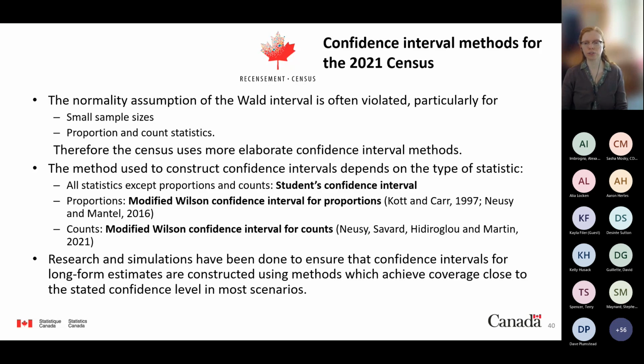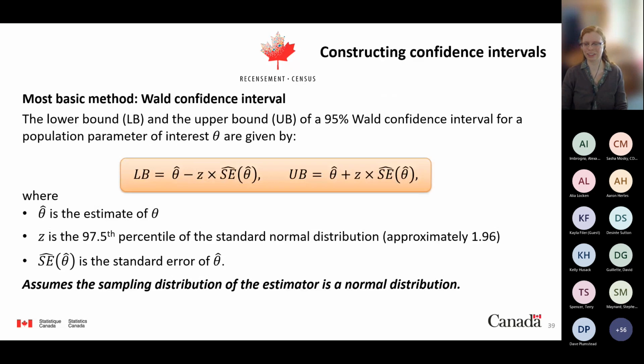Sorry, I didn't cover the bottom line of the previous slide, which is very important. I wanted to say that this confidence interval method, the Wald method, is a very common way of constructing confidence intervals, but it makes a strong assumption, which is that the sampling distribution of the estimator is a normal distribution.